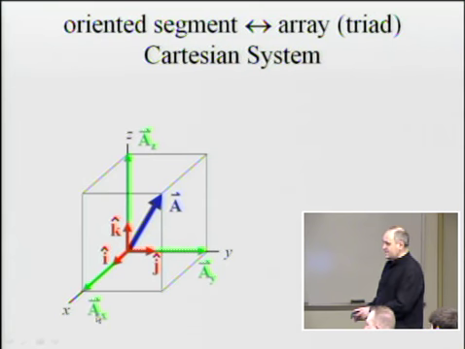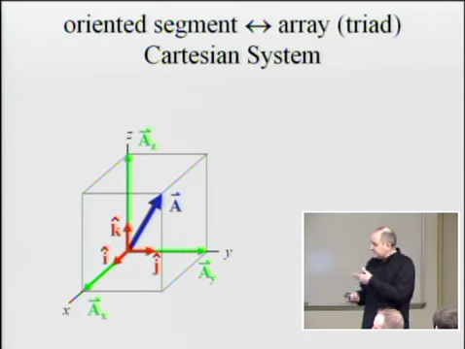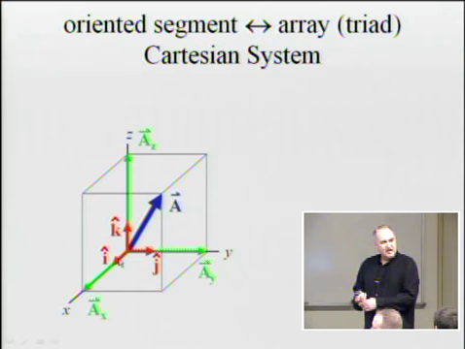Note that vector AX, if we use that previous slide, is a certain number multiplied by I, which means that that number AX is going to be the what?